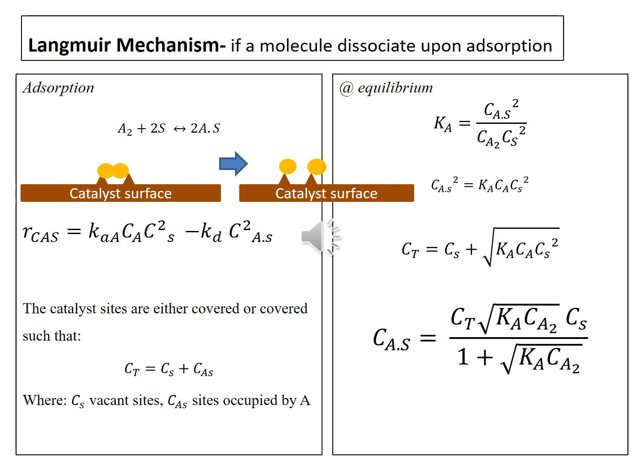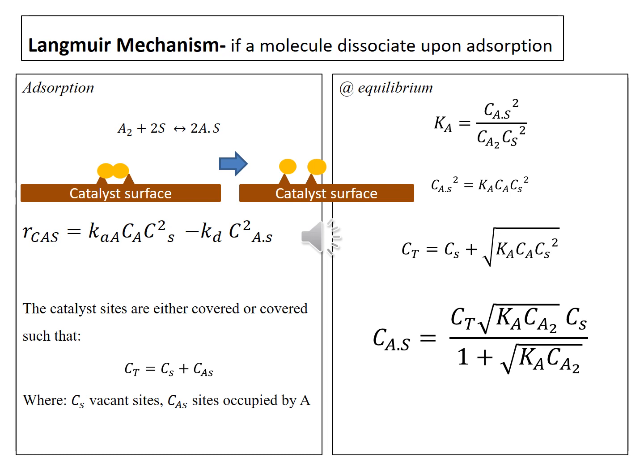Another adsorption mechanism for Langmuir is the dissociative adsorption. In this case, you have a molecule that adsorbs onto two sites and then it splits into two complexes, as shown in the diagram. And therefore, the adsorption rate will be described by the equation given below, assuming that the rate also follows stoichiometric relationships.